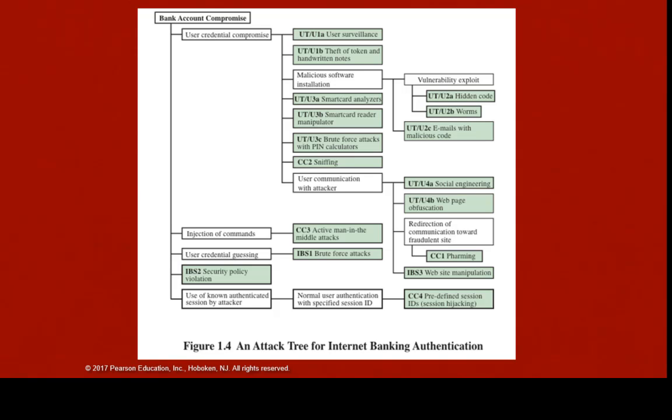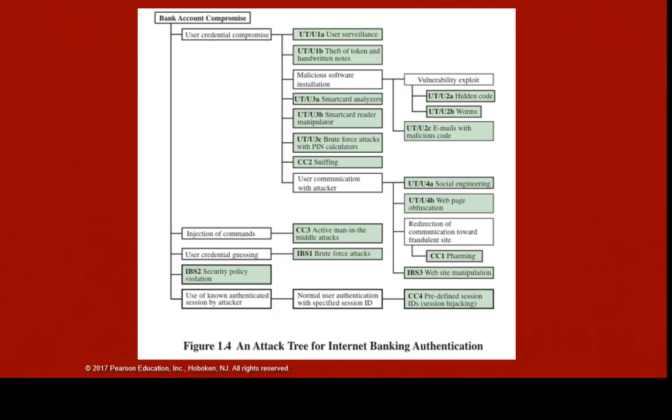There are procedural attacks, such as monitoring a user's action to observe a PIN or other credential, or theft of the user's token or handwritten notes. An adversary may also compromise token information using a variety of token attack tools, such as hacking the smart card or using a brute force approach to guess the PIN.